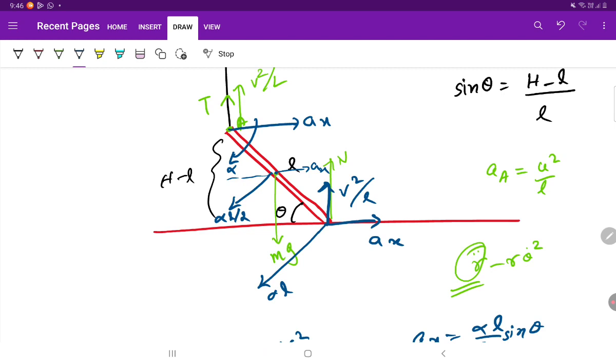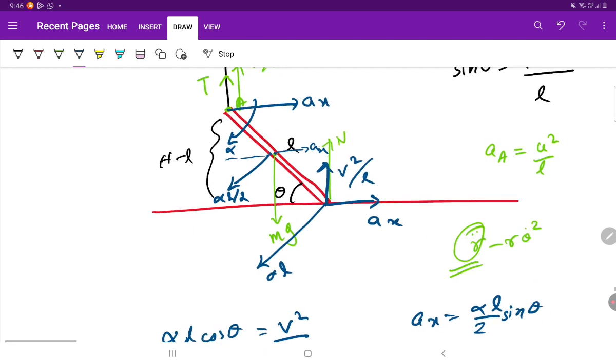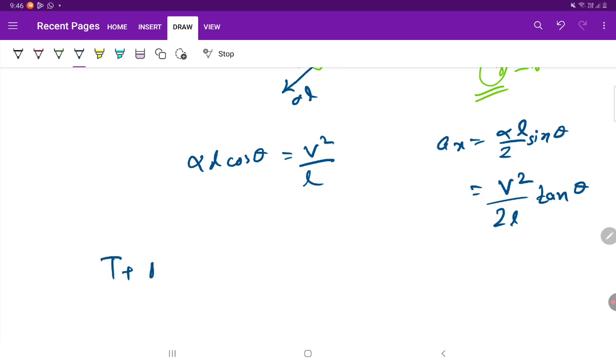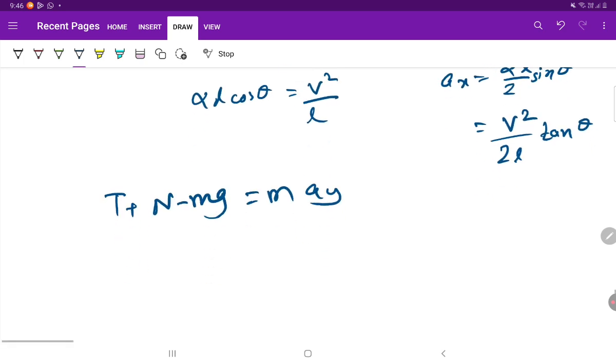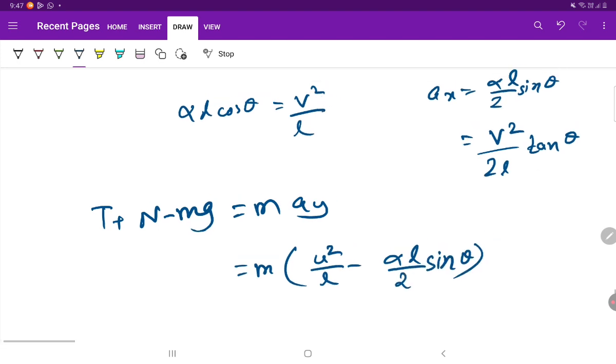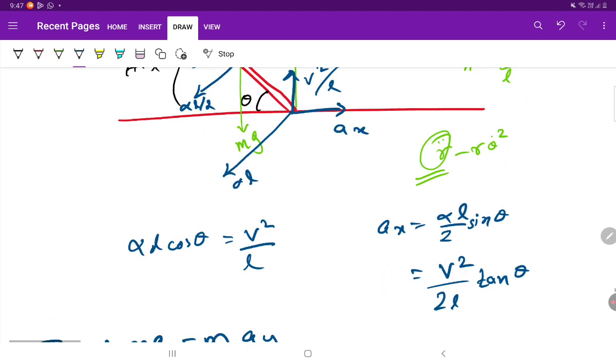Now writing the required values using Newton's laws of motion, we get T plus N minus mg equals m ay, and ay can be written as m times v square by L minus alpha L by 2 sin theta. Well, we already derived that alpha L by 2, one minute.